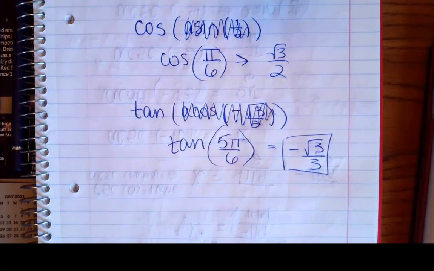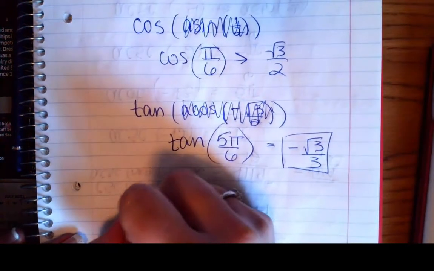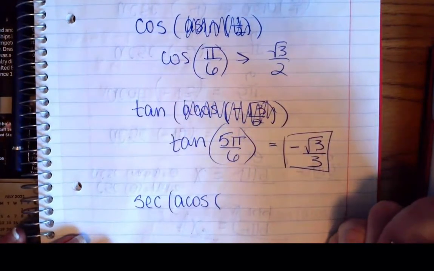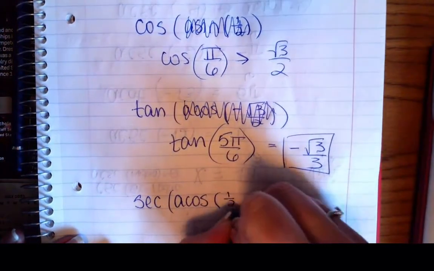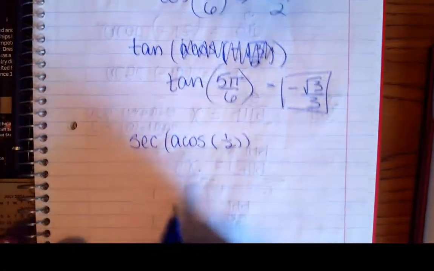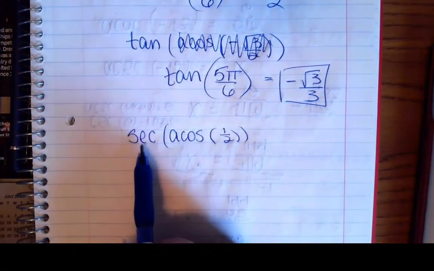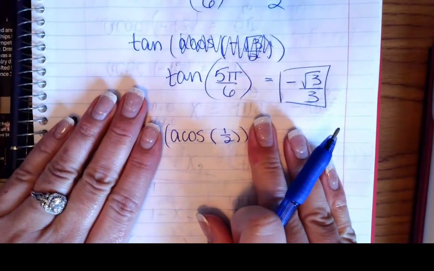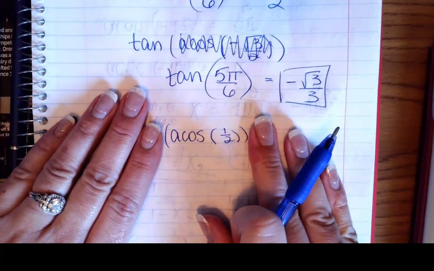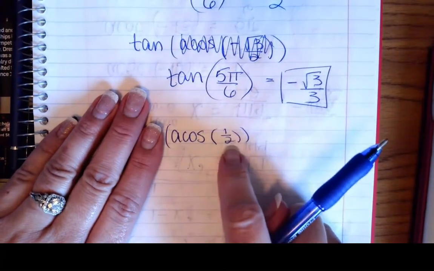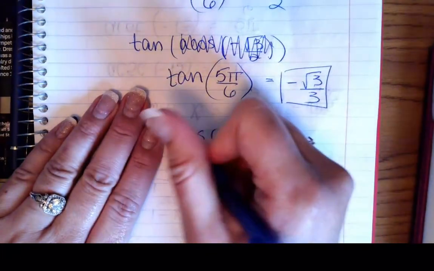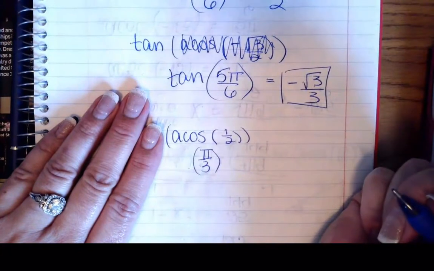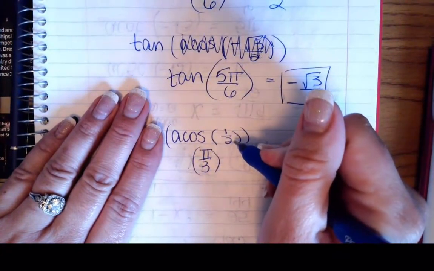All right, let's do the secant of the arc cosine of 1/2. You can do this a couple of different ways. Let me do the long way first. Where does cosine have a ratio of 1/2? Arc cosine is allowed to live in quadrants 1 and 2. It's positive in quadrant 1, and it has a ratio of 1/2 at pi over 3. So this whole part just turned into pi over 3.